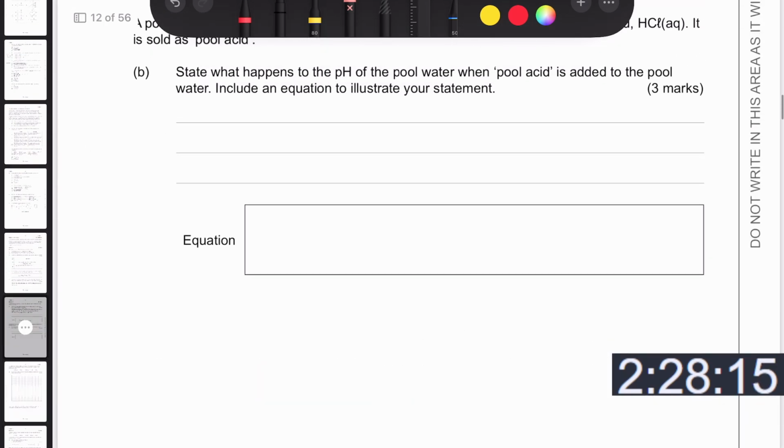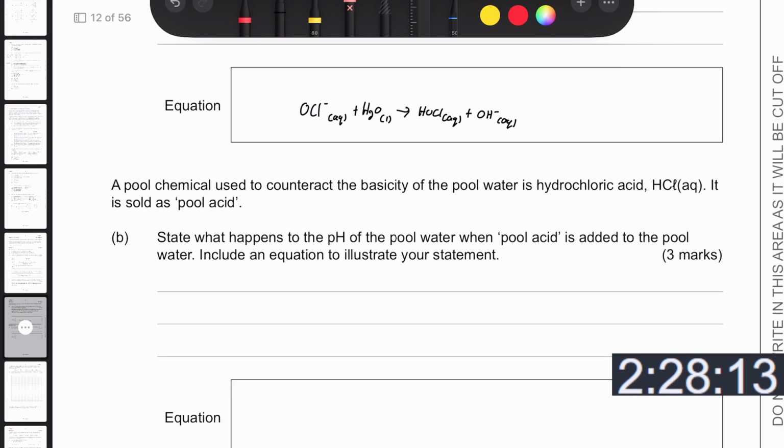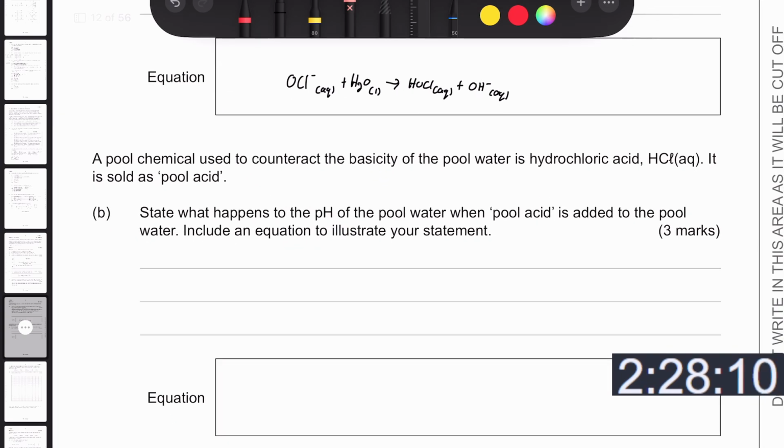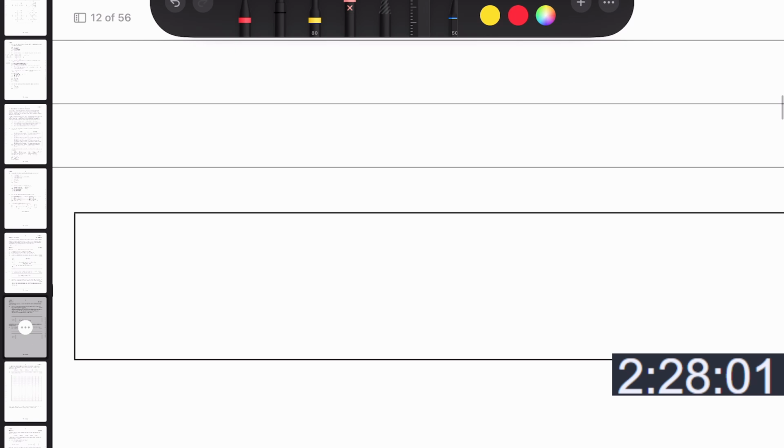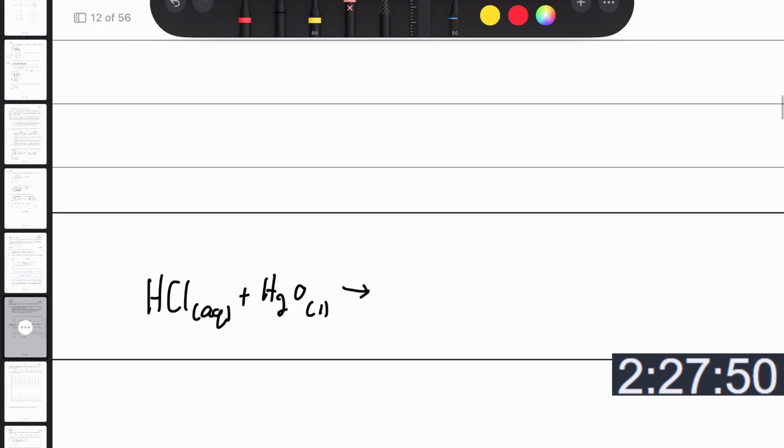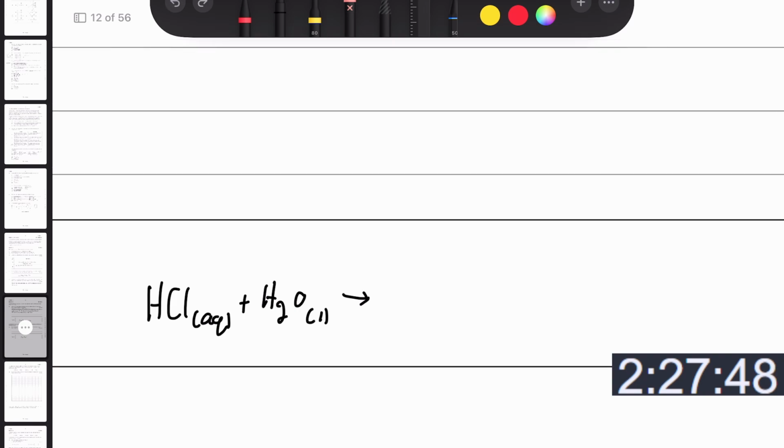I think I'll finish this question and then I'm going to need to go. A pool chemical used to counteract the basicity of pool water is hydrochloric acid, so pool acid. Use the pH of the pool and pool acid to illustrate your statement. So HCl aqueous plus H2O liquid becomes H3O plus and Cl minus.